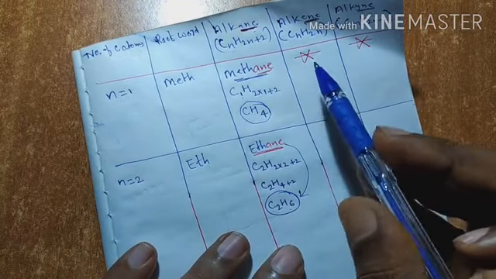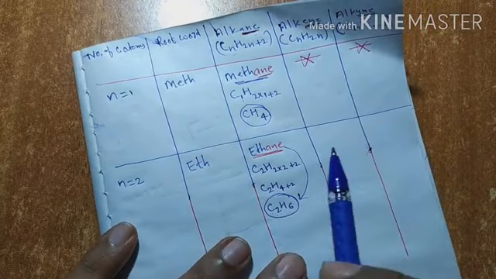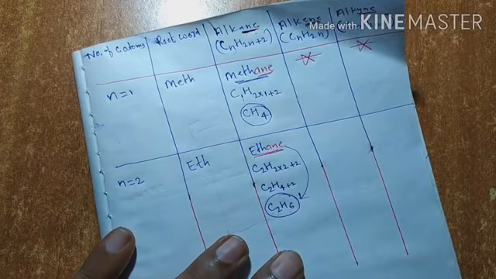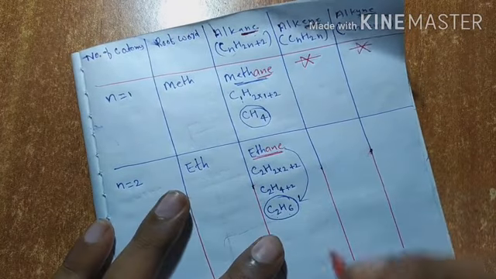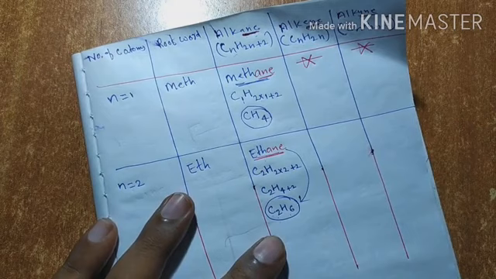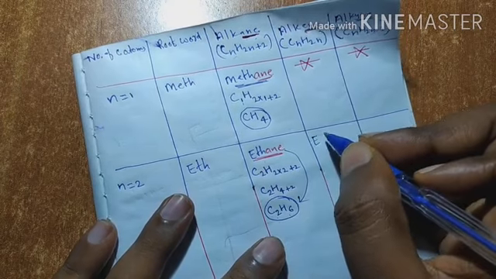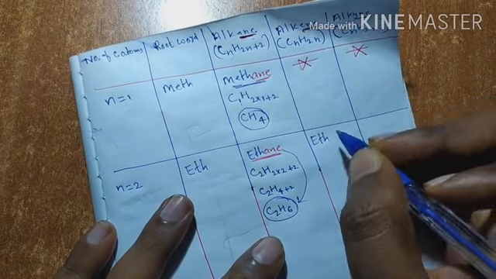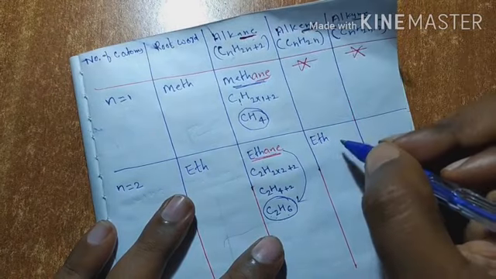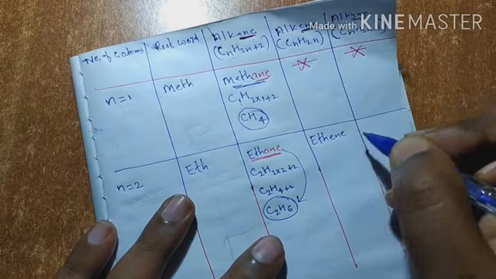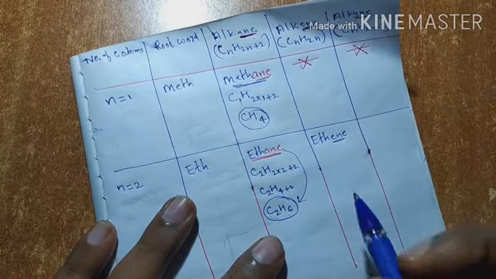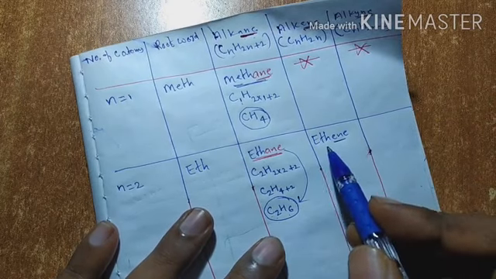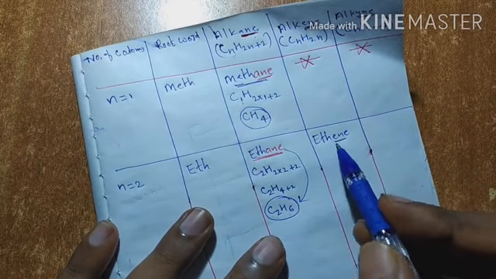If you want to write alkene, again write eth, and as the suffix we have to add ene. This is ene, ethene. What will be the molecular formula of ethene?